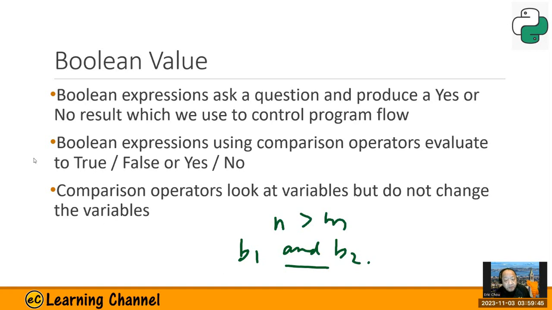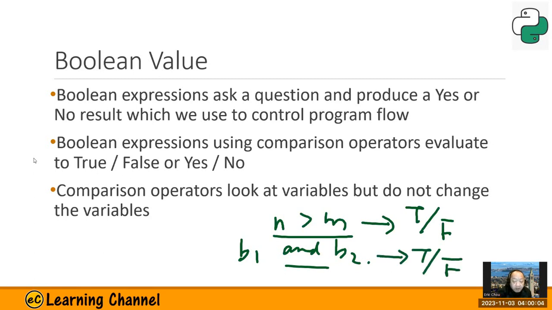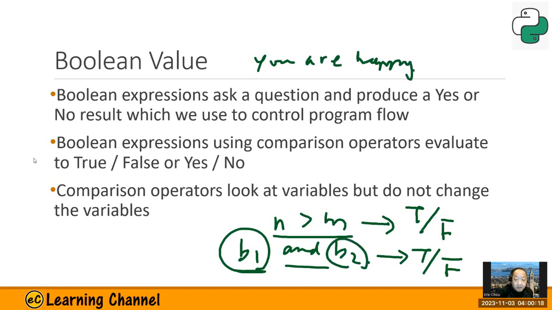A Boolean expression will typically return the value true or false. n greater than m may be true, may be false. Sometimes we write T/F. And B1 and B2 also may be true or false. Let's assume that B1 is a logic term that you are happy. And you are happy may be true or false. For B2, let's assume that you are rich.